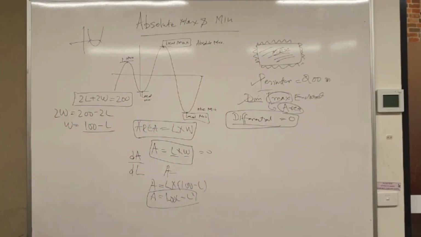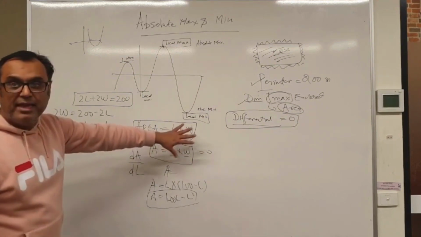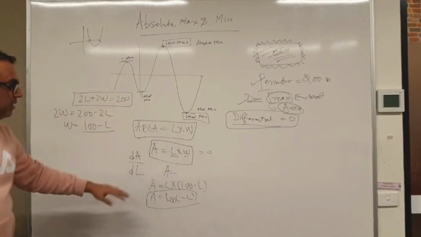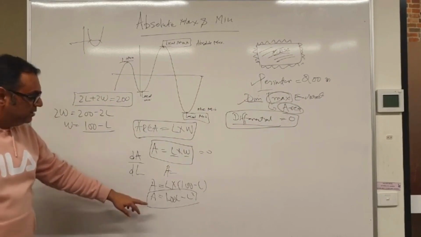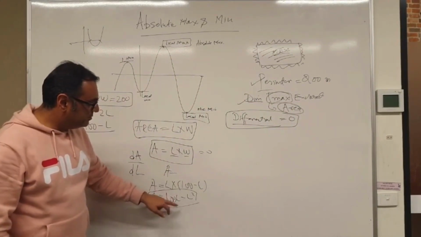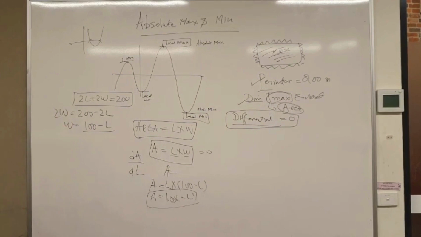Making sense? Can you quickly find the length and width, please, for me? I've done half of it for you. This is 100L minus L square. Go for it, quick.